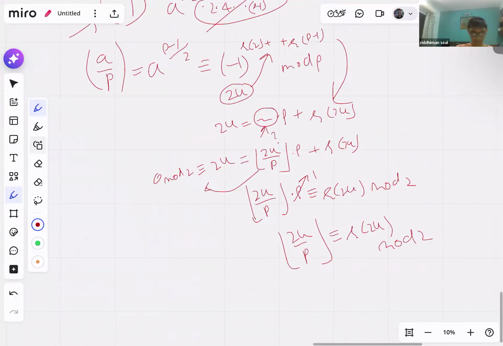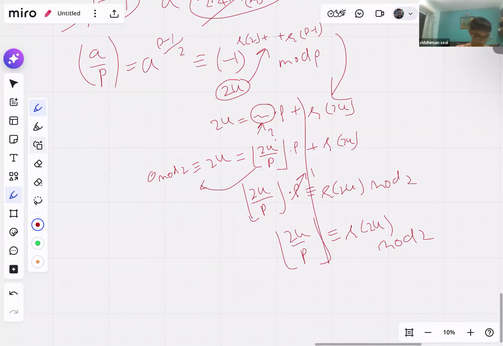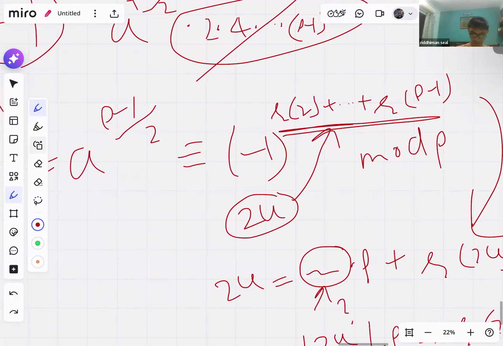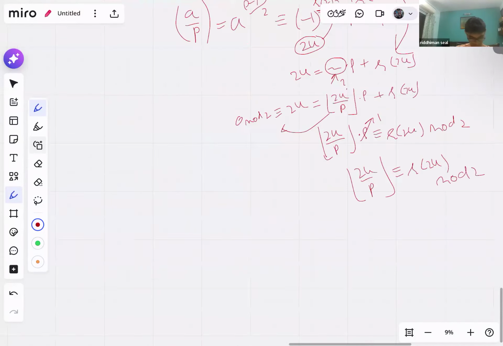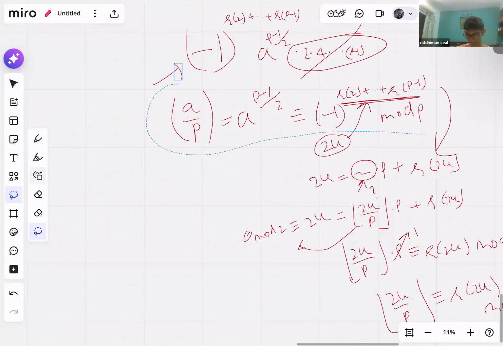And we still want mod 2, only mod 2, because it is in the power of minus 1, right? We don't really care mod anything else. We don't care about its exact value. We just want to see what it is mod 2. So we have, okay, I will just copy this.